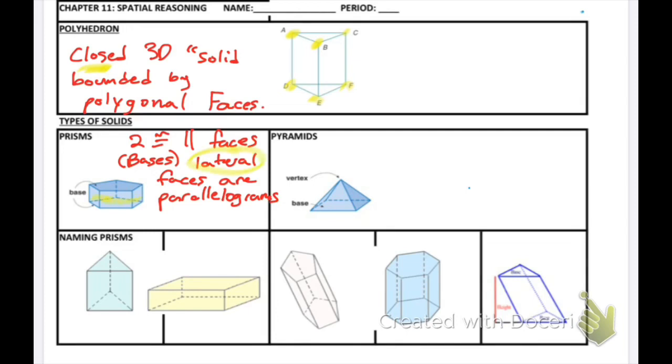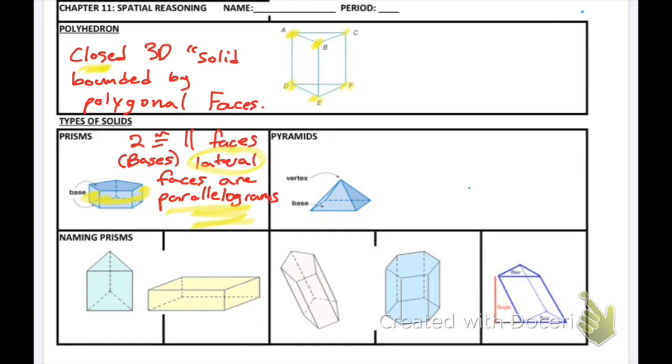So these going around the side here, those are my lateral faces. So we're going to be using the term lateral face a lot, and it means the sides going around the shape. So my lateral faces are parallelograms. So that's what makes a prism.